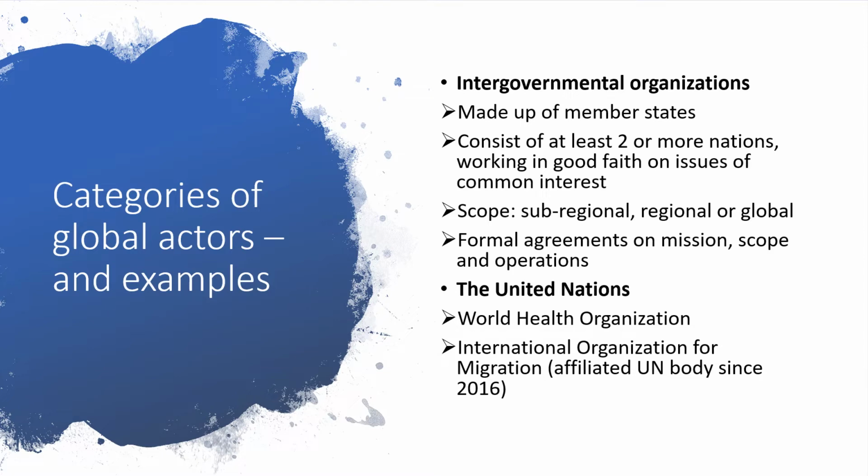There's also regional intergovernmental organizations like the AU or the European Union, and then there are several global ones. All intergovernmental organizations have formal agreements on mission, on scope, on operations, on the responsibilities and benefits that members will receive. So they're actually quite formalized.